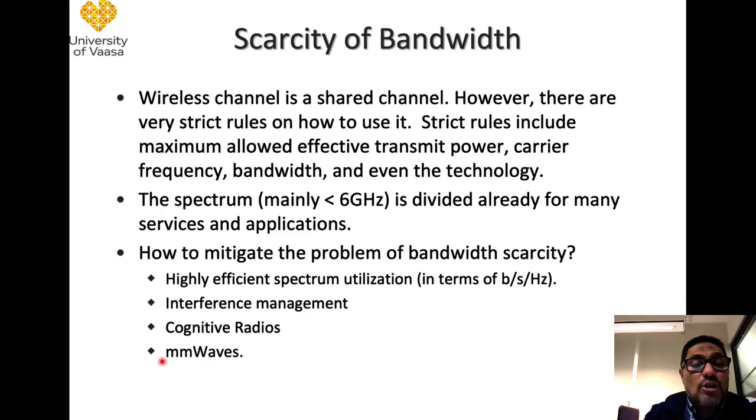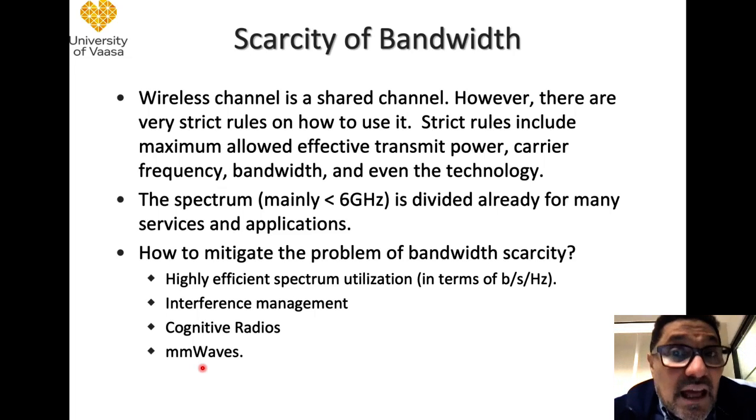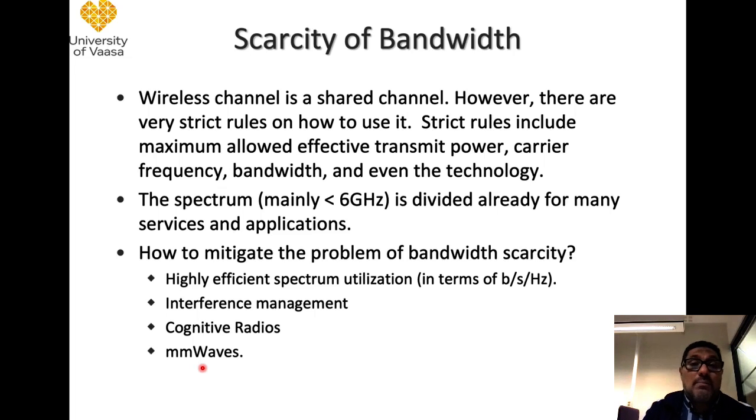And the fourth possible way is to use carrier frequencies of more than 6 gigahertz. It is called millimeter waves, like up to 30 gigahertz or 40 gigahertz. However, remember that there are a lot of problems associated with wave propagation at those bands, because at very high frequency, like extremely high frequency, 30 or 40 gigahertz, the electromagnetic waves will be absorbed easily by the walls, for example.